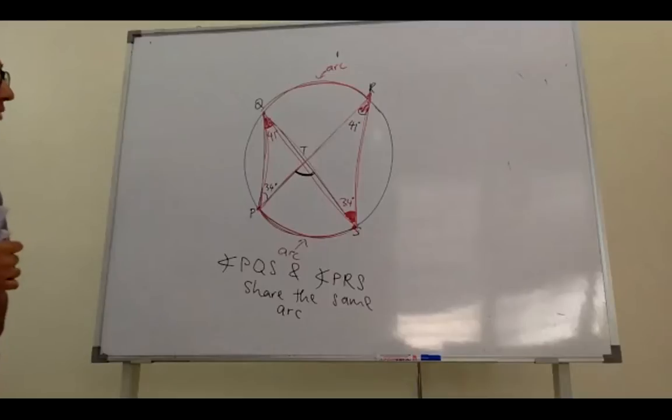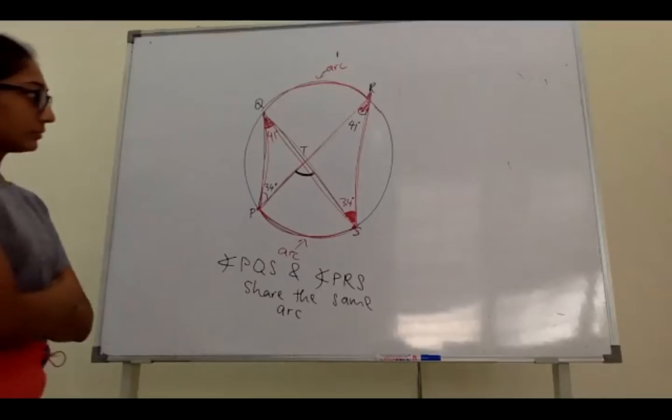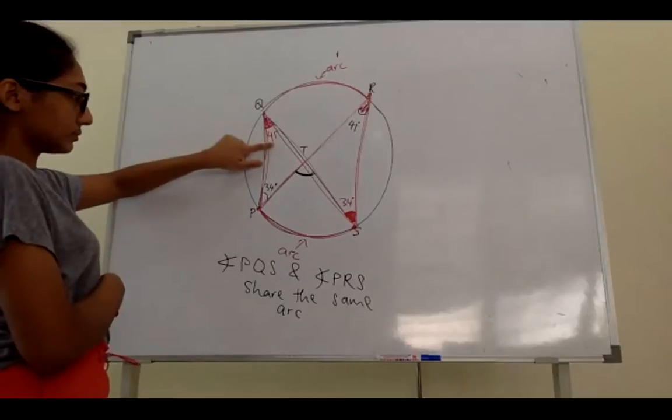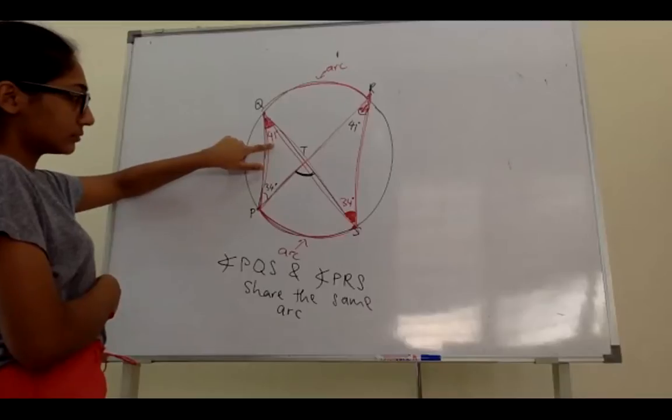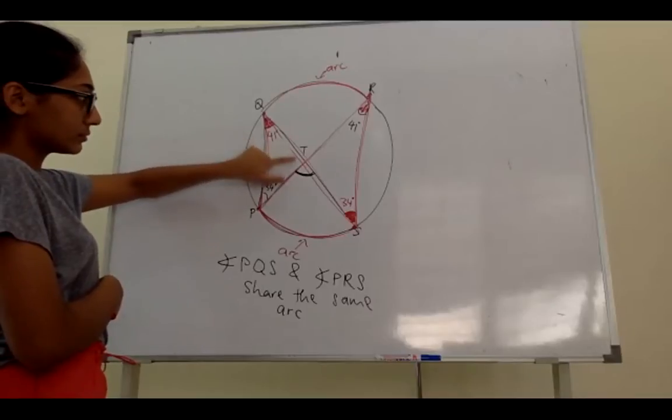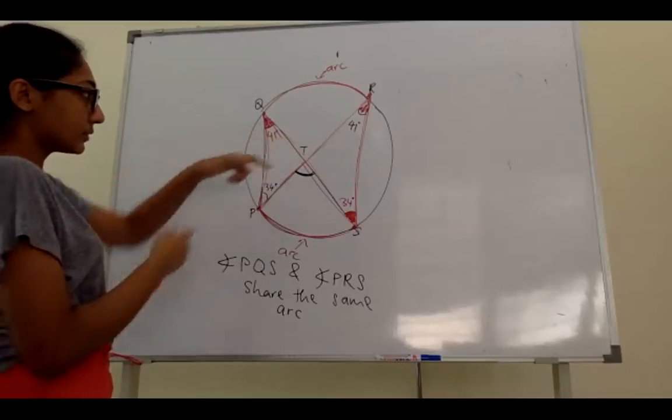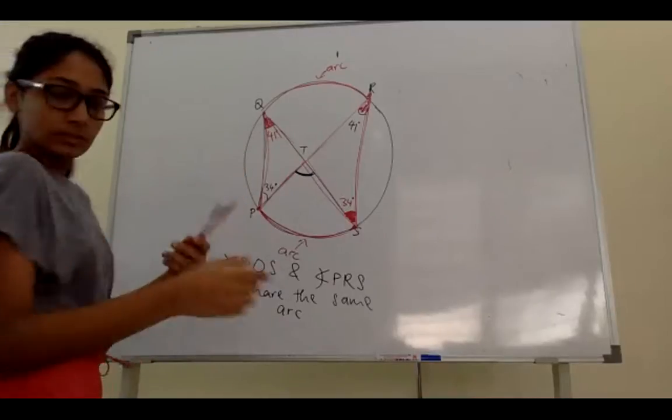Why minus 105? Because if you look, angle PQT is 41, right? I got 75. Yeah, because it's a triangle, and a triangle adds up to 180, so then you get 105.